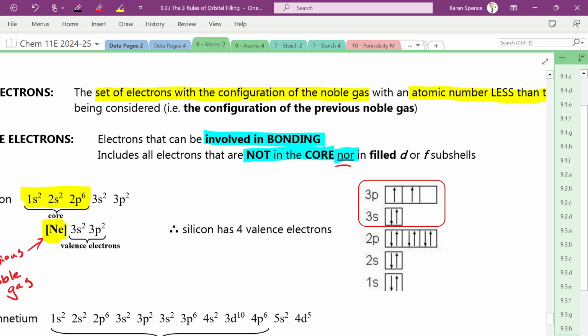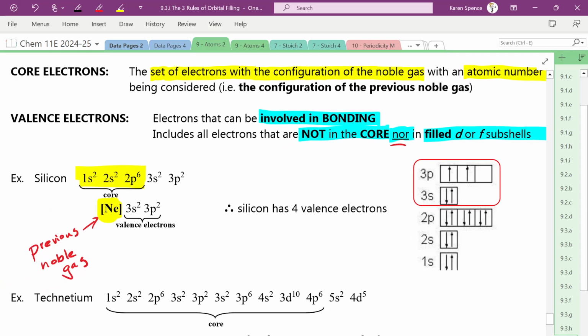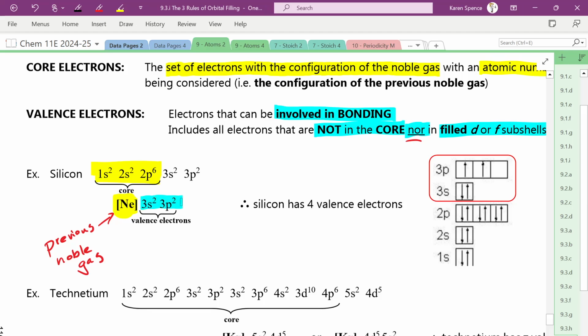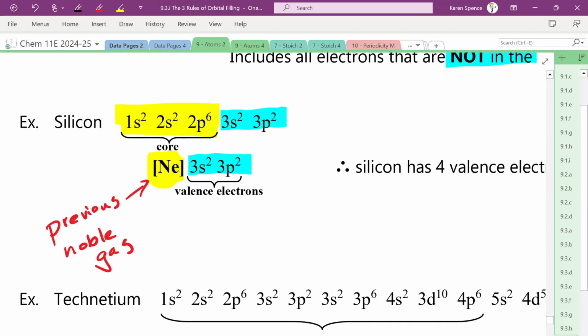So, valence electrons for silicon are fairly straightforward because there's no d or f subshells. It's just the ones that are not in the core.